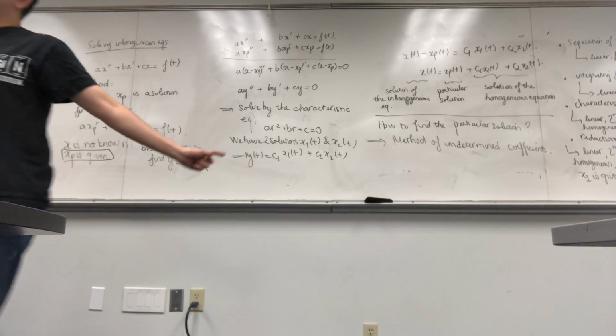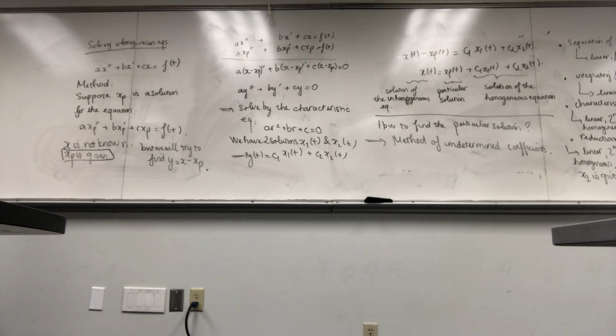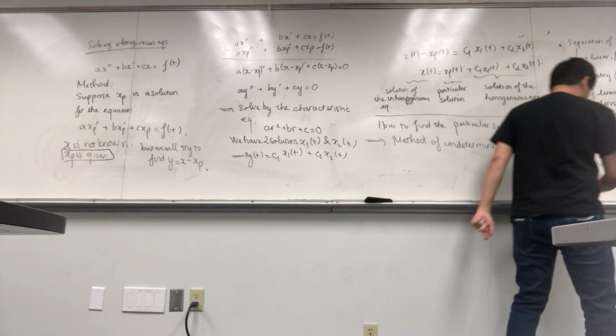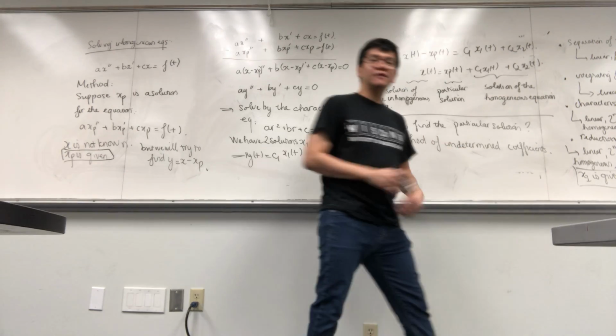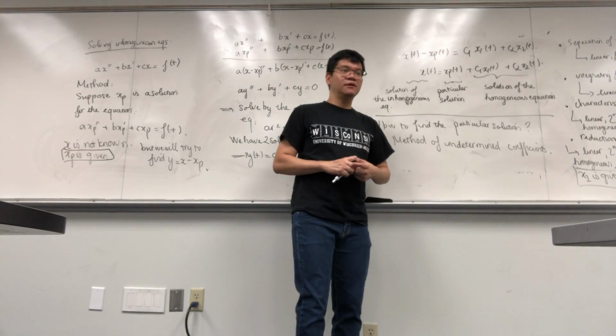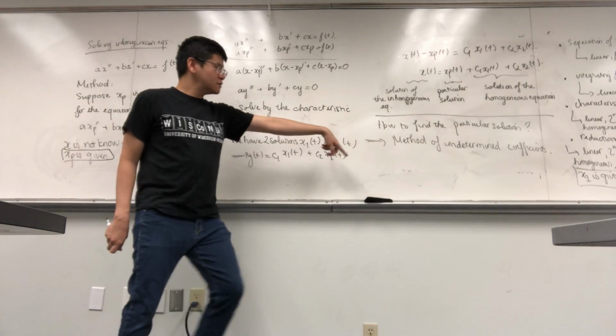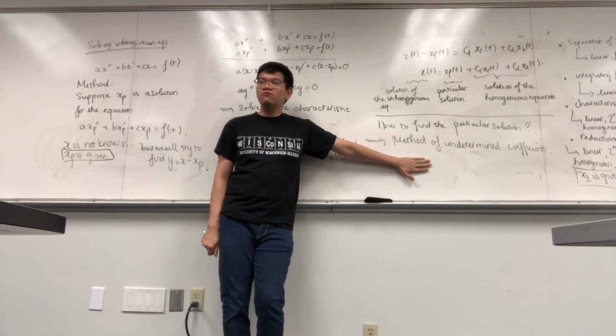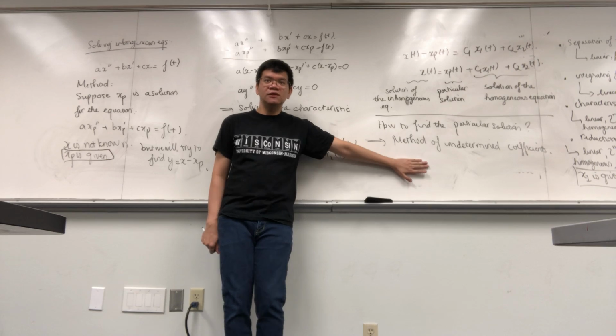All right, so for the reduction of order method, this is applicable for both constant and non-constant coefficient equations, but the crucial thing is that you have to know one solution. And this is for homogeneous, right? So now the method of undetermined coefficients will be used to solve inhomogeneous equations.